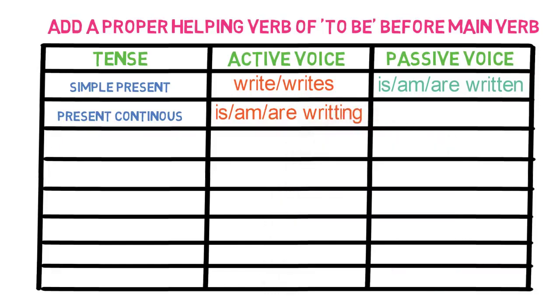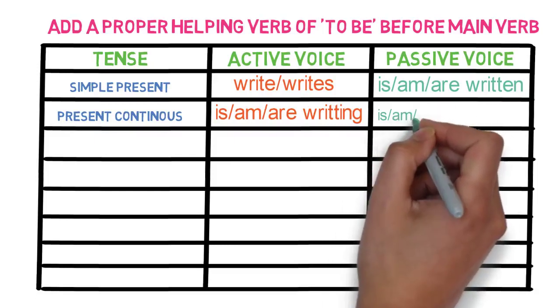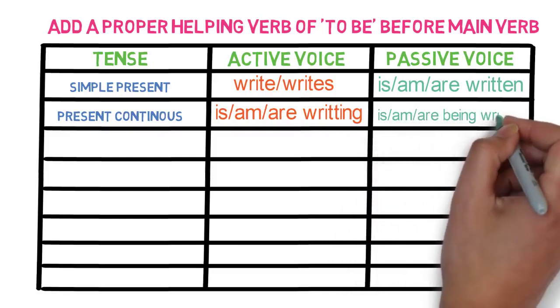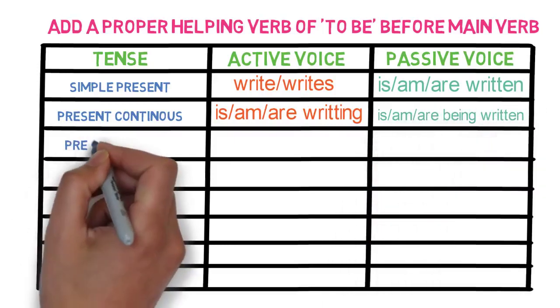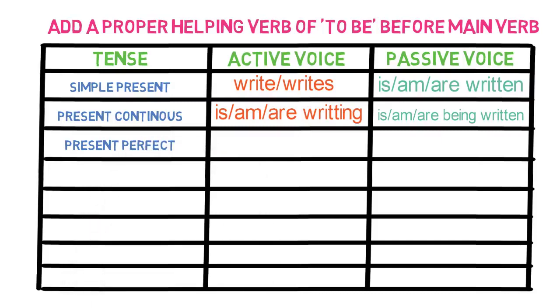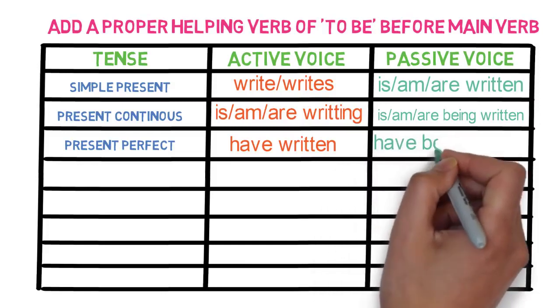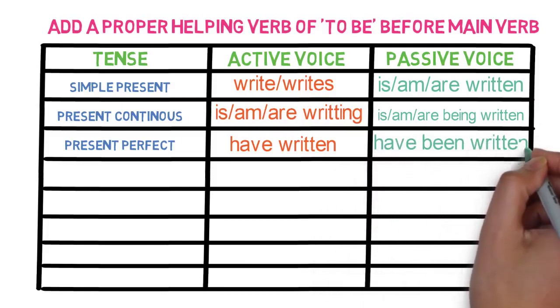While in passive voice, we add being helping verb with is, am or are, and written as a verb. Present perfect tense, in active voice, we use have written. While in passive voice, we add been helping verb after have, and written.